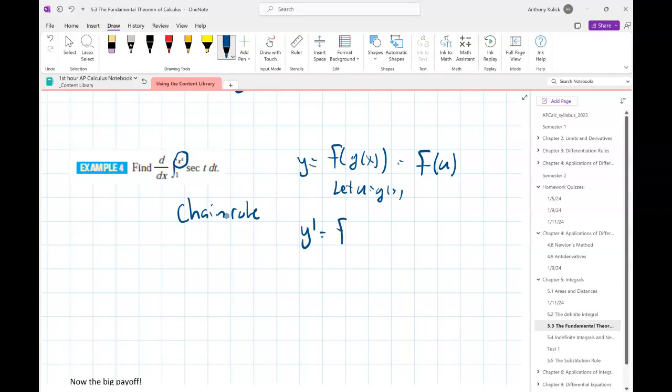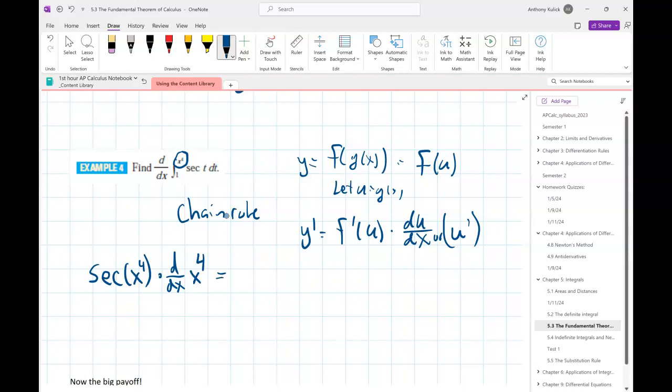So the derivative then becomes the derivative of the outside times the derivative of the inside, or we could write this as just u prime. So we'll have to do the same thing here. So this becomes secant x to the 4th, and then we have to do times the derivative of x to the 4th. So we get that this is 4x cubed secant x to the 4th.